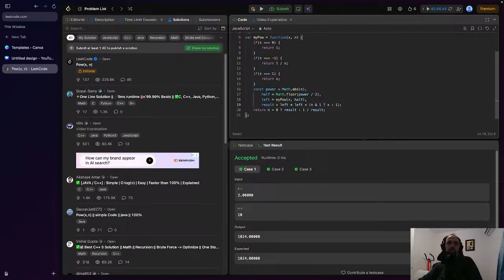One less const, just reducing the number of variables.